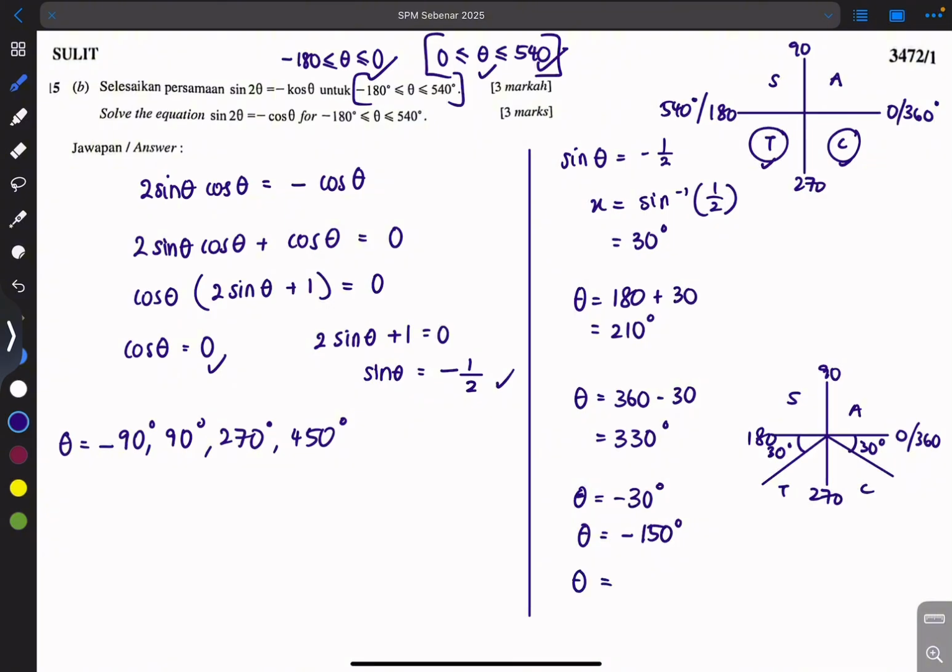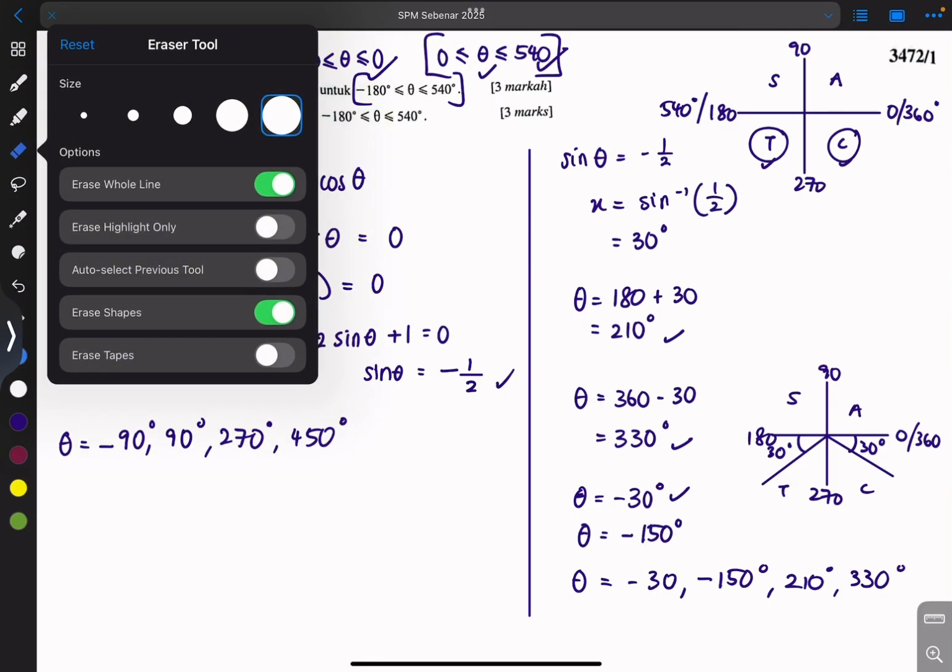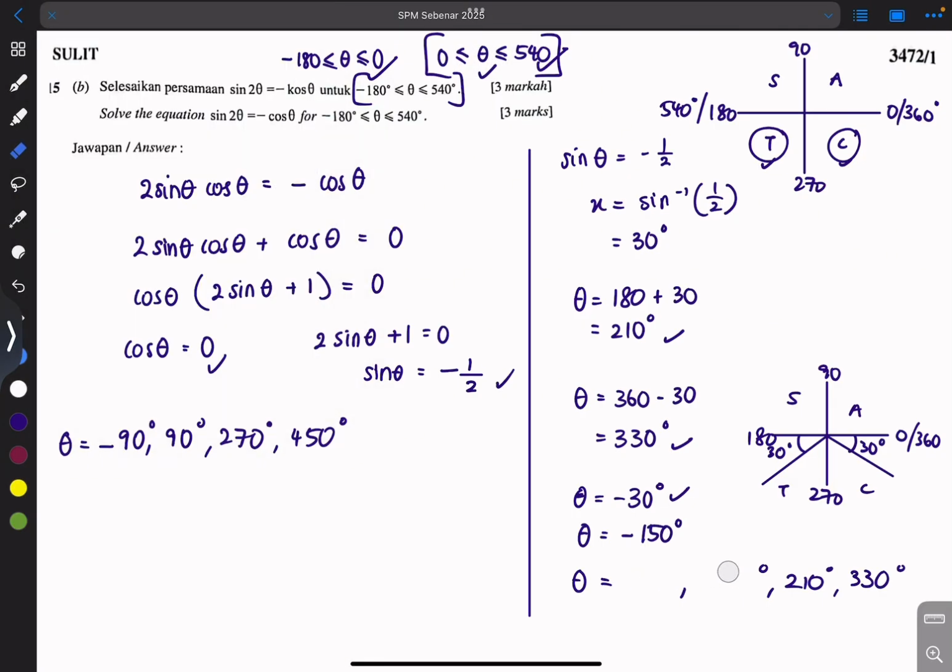So our answer from here will be negative 30, negative 150, 210, 330. If we write it in ascending order, negative 150 is smaller, so negative 150 first. Alright, so these are all the answers for the second part.